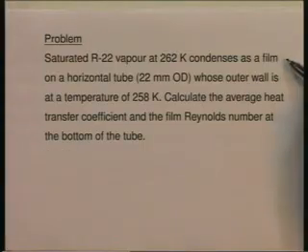Saturated R22 vapor at 262 Kelvin condenses as a film on a horizontal tube, 22 mm OD, whose outer wall is at a temperature of 258 K.